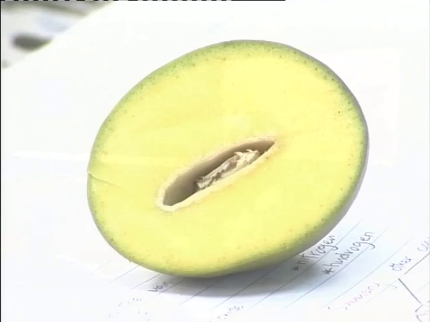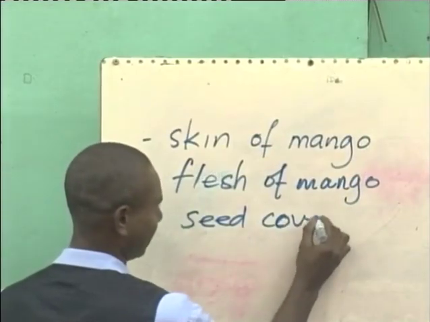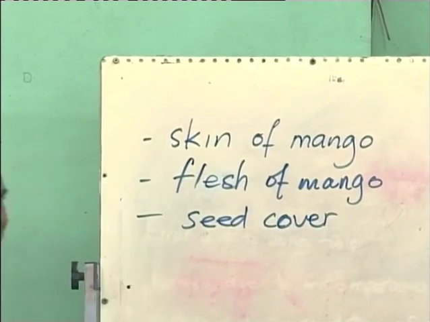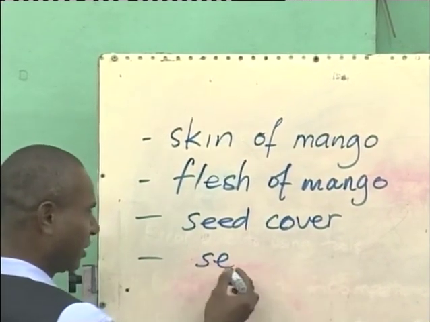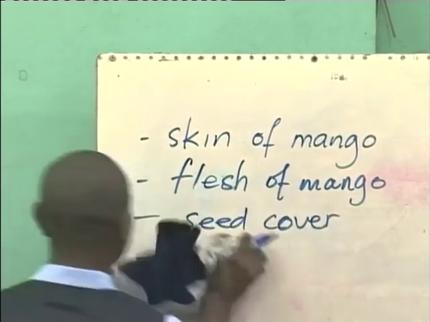Okay, what else? The outside part to protect the seed. That is called the seed cover. The hard part, and the seed itself. Okay, the whole thing is called the seed, but the core of the seed.